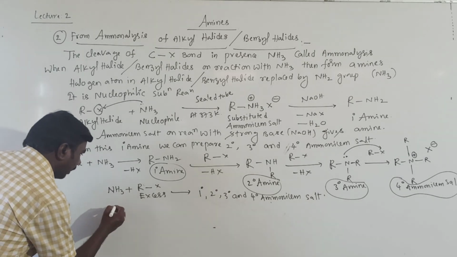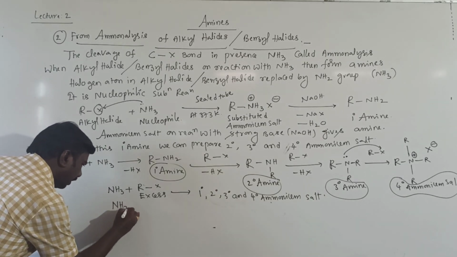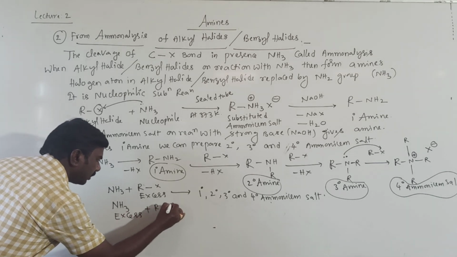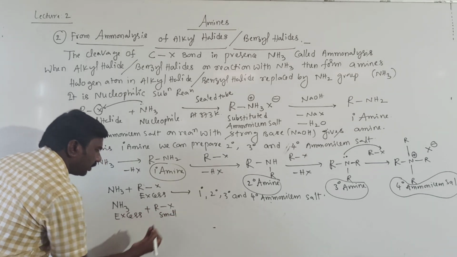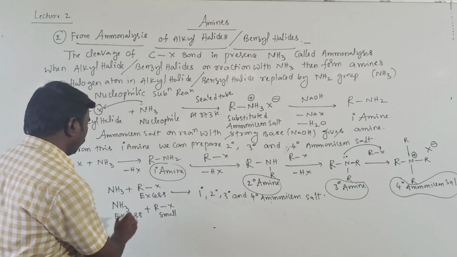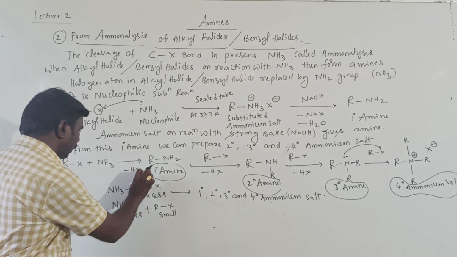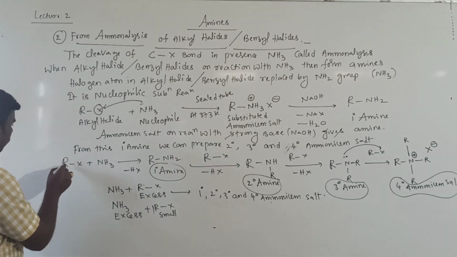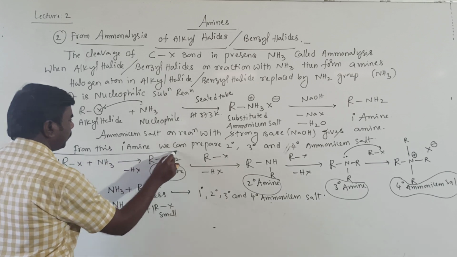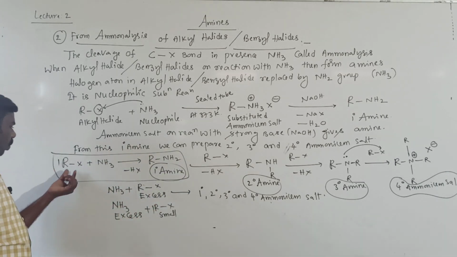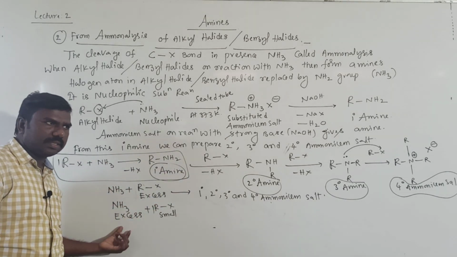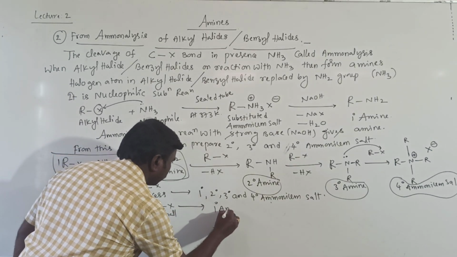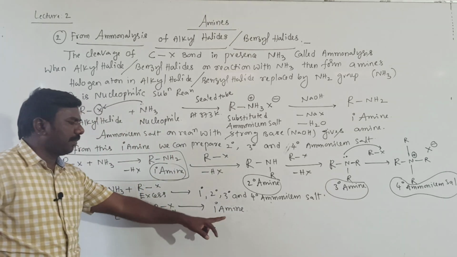So what about the reverse one? If I take excess NH3 plus only a small amount of RX, only 1 mole, the reaction will be stopped up to this stage. 1 mole of RX with excess NH3 forms only primary amine.